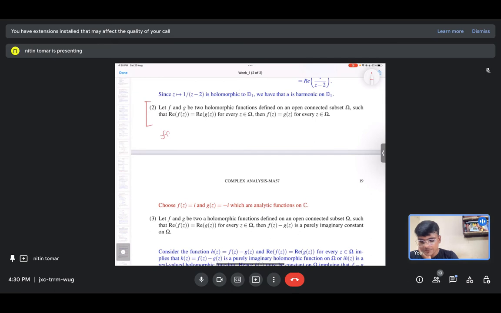If you take f(z) to be say iota and g(z) to be, let's say, minus iota, they are holomorphic functions on any domain, since constant functions are holomorphic. So f(z) and g(z) are such that their real parts agree. Both of them have real part 0. But are they the same? No, they are not the same, right? So this option is false.